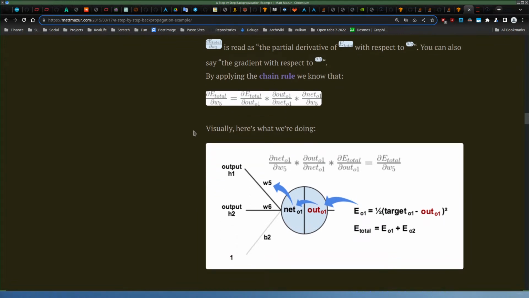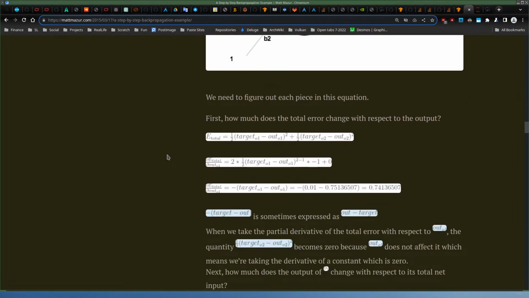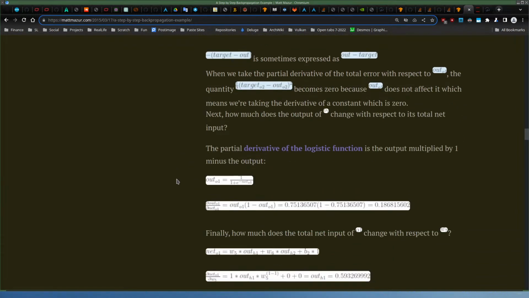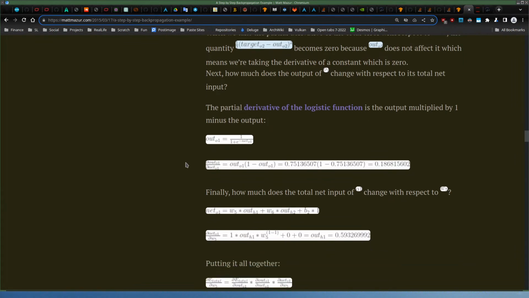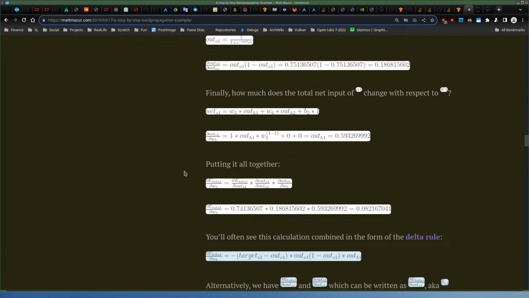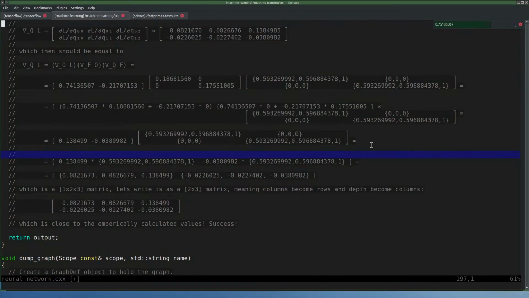We did that as well, so that gives them this value here, 0.082167. This one.